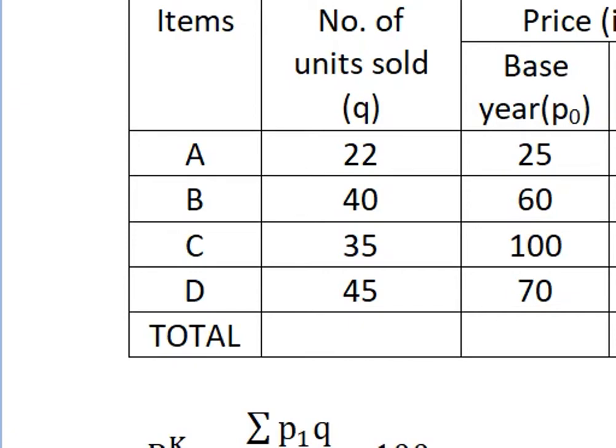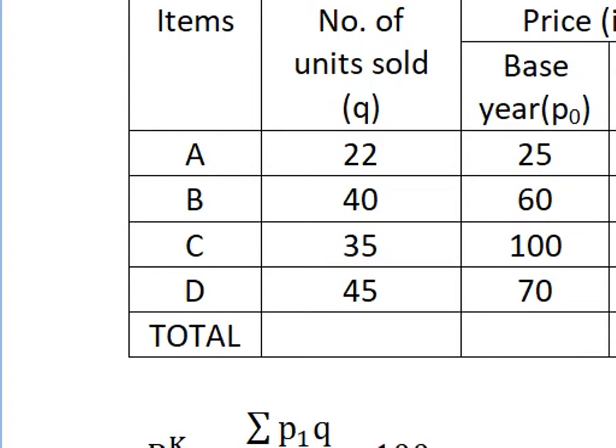Then P1Q. P1Q is multiply P1 with the corresponding Q, that is 22 into 30 is 660. Then 75 into 40 is 3000. Then 110 into 35 is 3850.